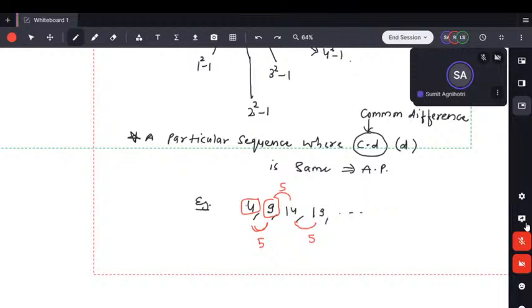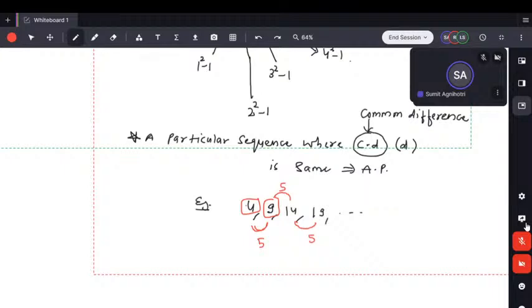We will cover this in much detail in our higher classes. Today you just learn that if you have first term equal to 2, second term 4, third term 8, next term 16, this is your first term, this is your second term, this is your third term, and this is the fourth term.